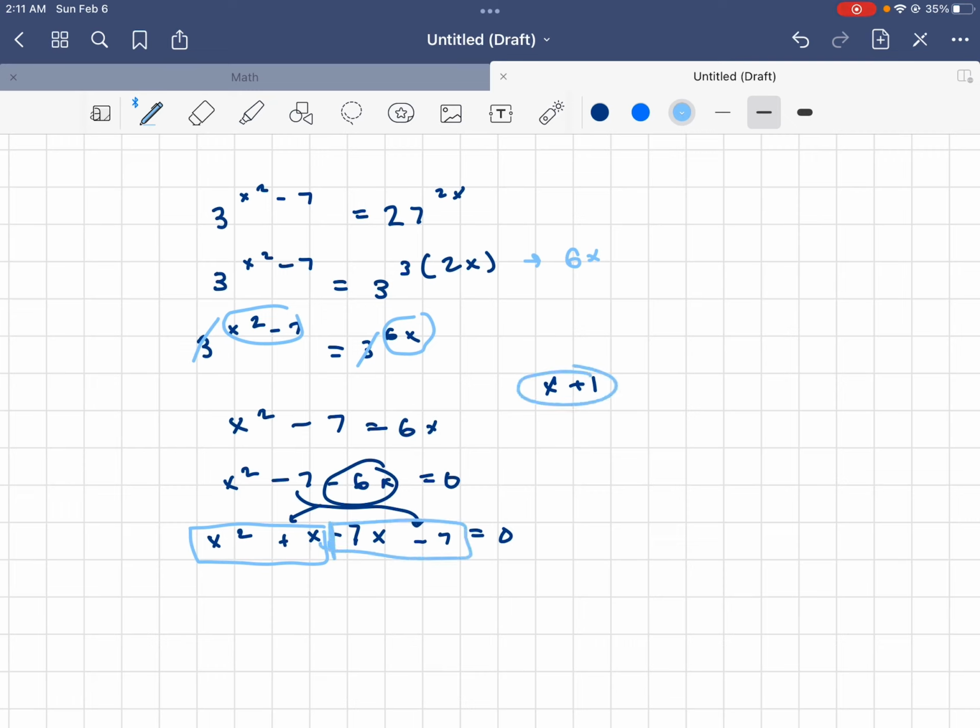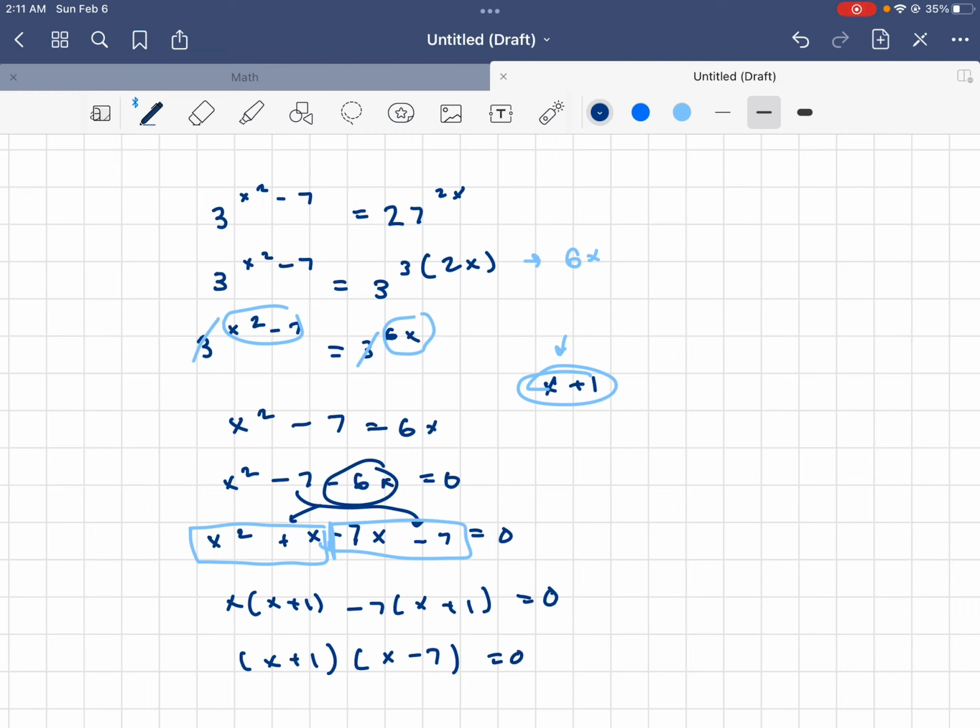Because remember, I was trying to get them to the point where x plus 1 is a common factor. So taking x out, taking negative 7 out, that gives me x plus 1 as a common factor. So now I can just combine them and keep it as 1, and take these two and write them like this.